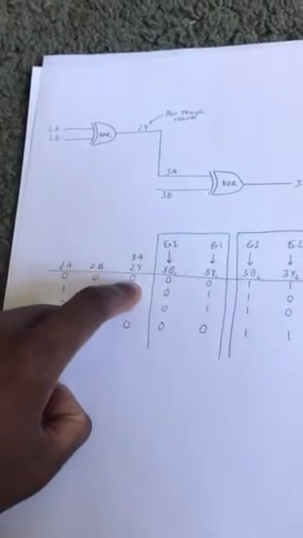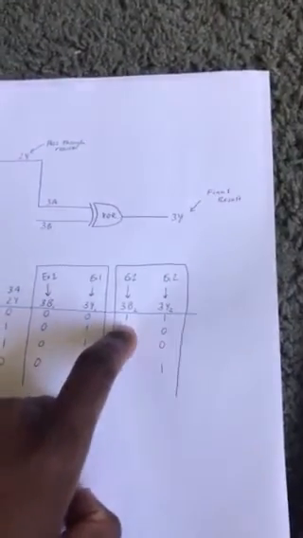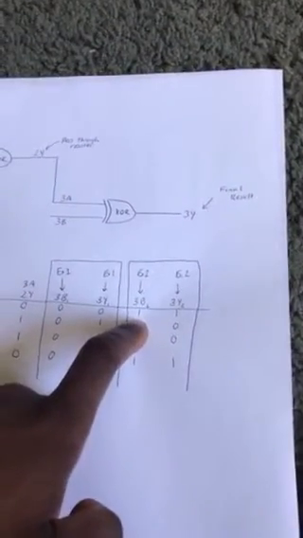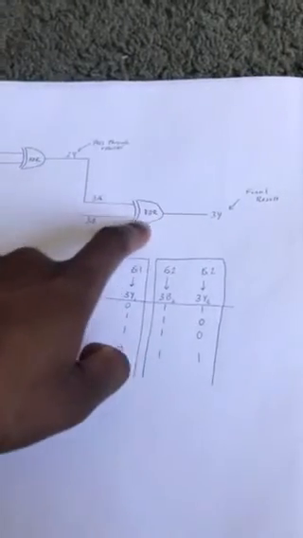But if I pass through, I have 2A, 2B, and therefore 2Y/3A is 0. But then in the second case, I put in 3B sub 2 as 1. Then obviously my final result is going to be 1, because this is just a separate XOR gate.